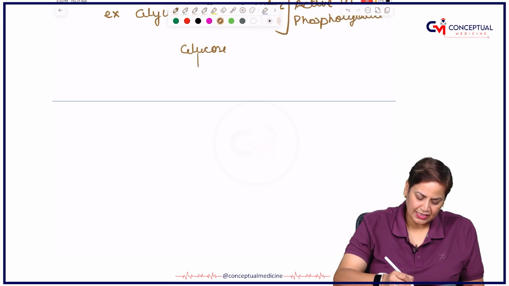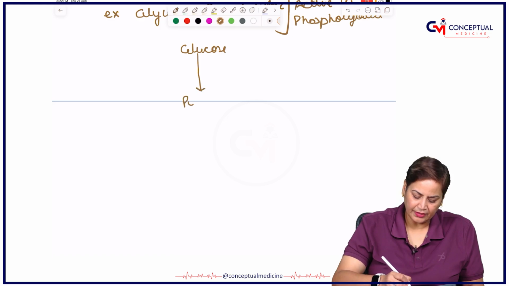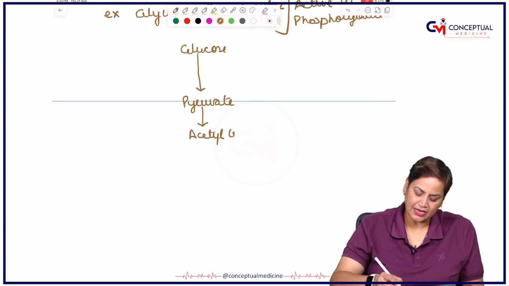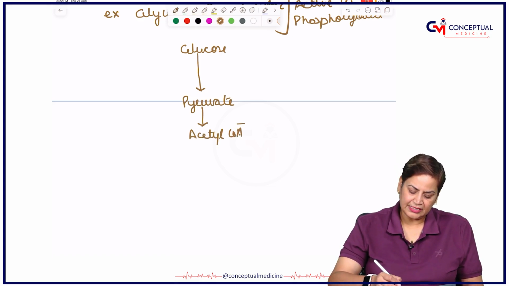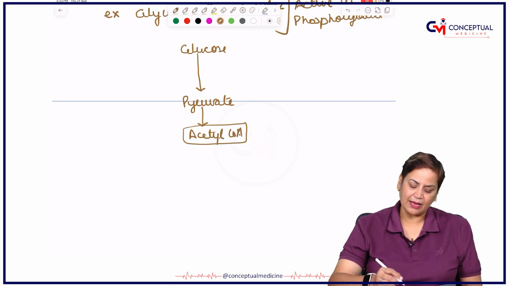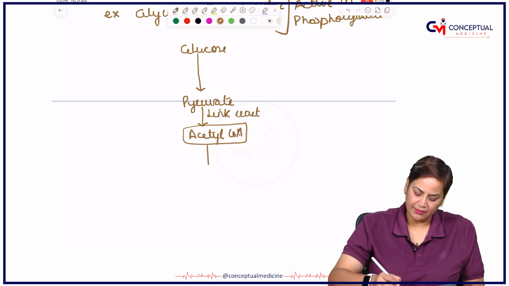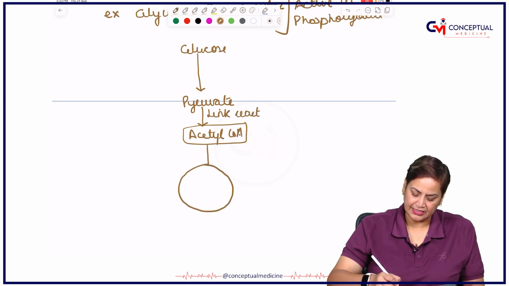So glucose is always converted to pyruvate. Pyruvate is always converted to acetyl-coenzyme A by a link reaction. So this acetyl-coenzyme A is coming from pyruvate by a link reaction, which we have already studied. And this acetyl-coenzyme A first of all enters the TCA cycle.